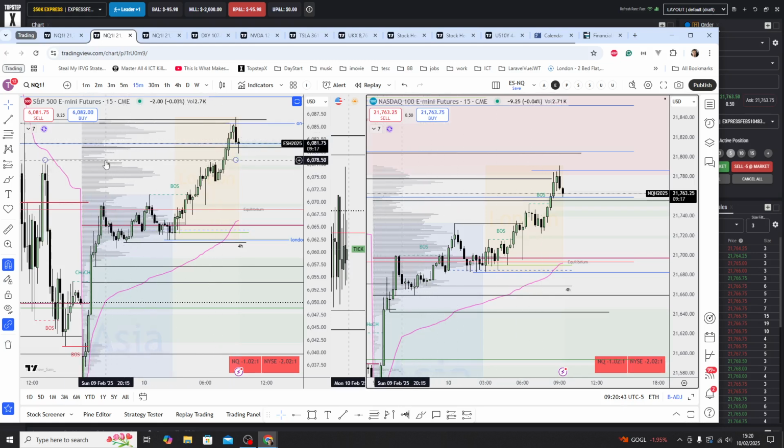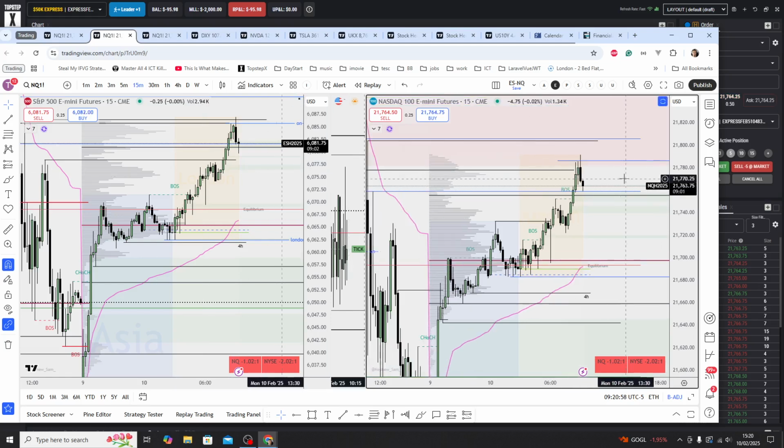I like to see where the trapped liquidity is. So here, for example, we have shorts trapped. Order block, you can call it order block if you like.